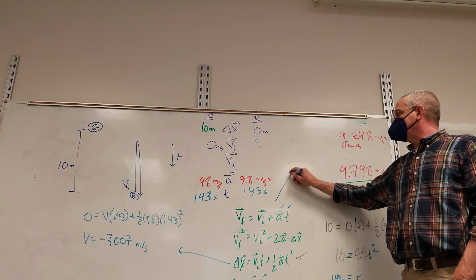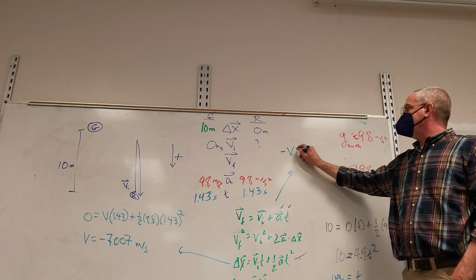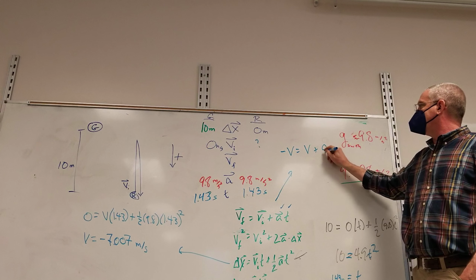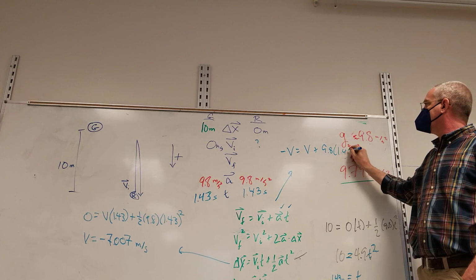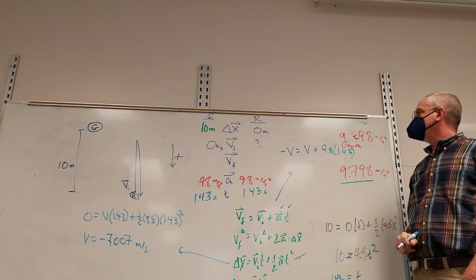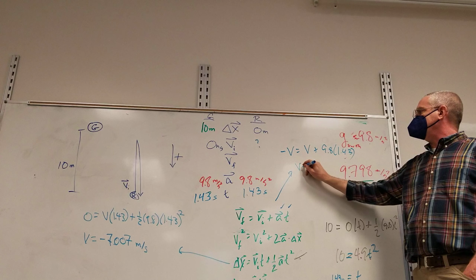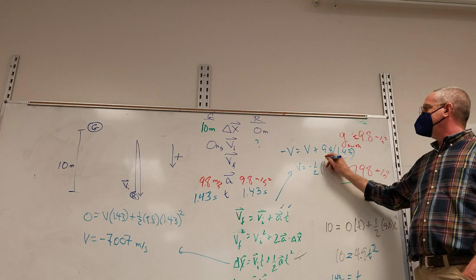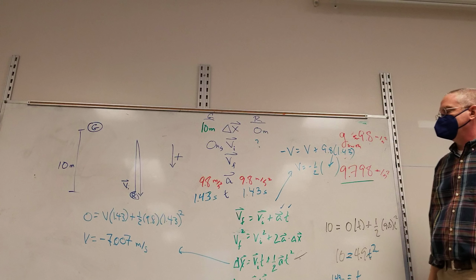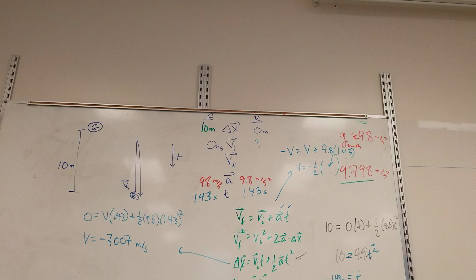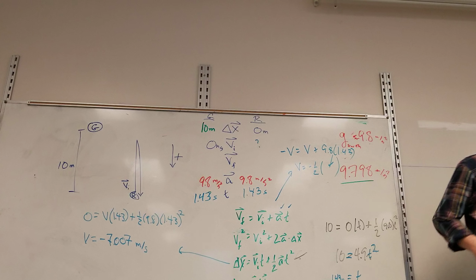So we could have used the first equation if we had said negative V is equal to V plus 9.8 times 1.43. And so V is equal to negative 1/2 of this. That's the other way to have done it.